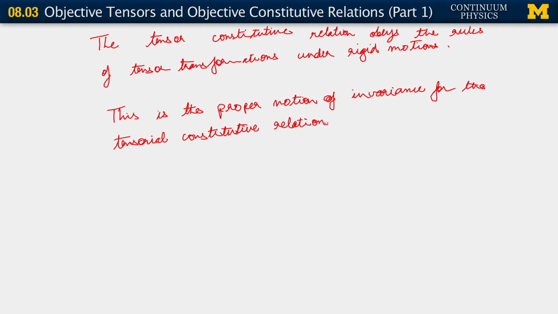All right, so that was an example of how things ought to work, and this is what we mean by invariance of constitutive relations under rigid motions.